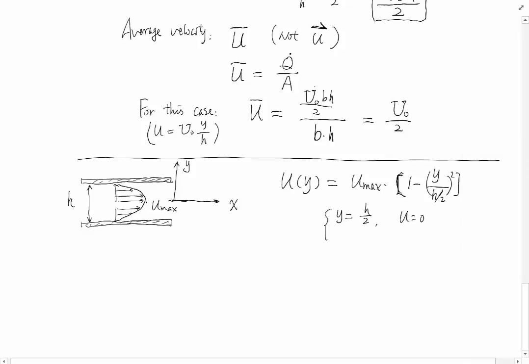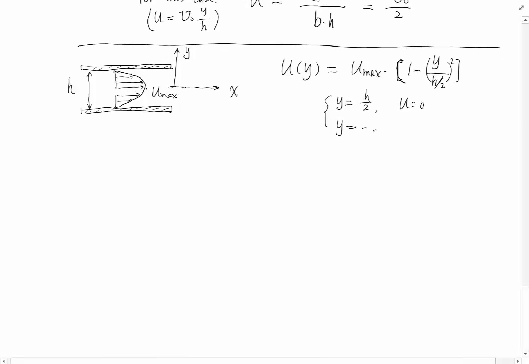When y equals minus half h, U is 0 as well. Additionally, when y equals 0, which is the center of the flow, U is equal to U max. So this velocity satisfies all the critical points, top, bottom, and center.